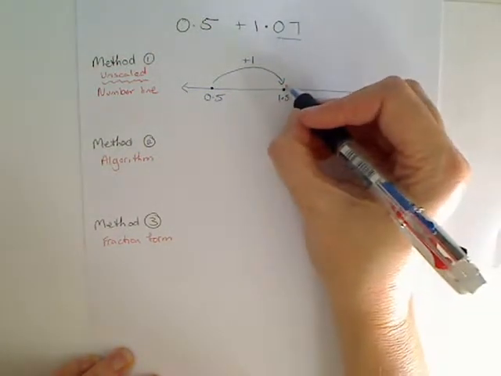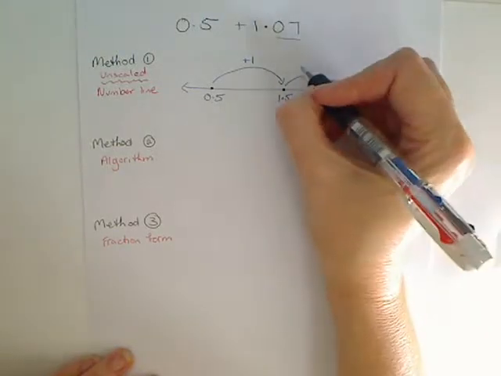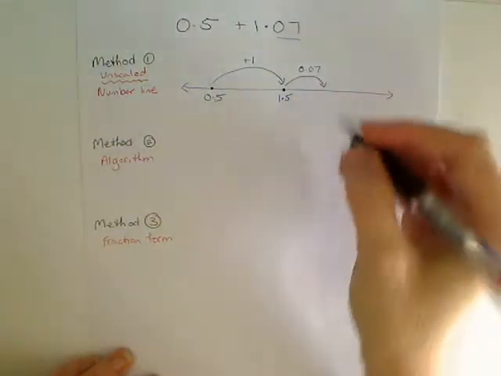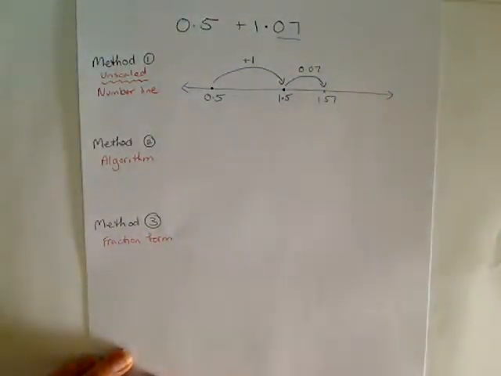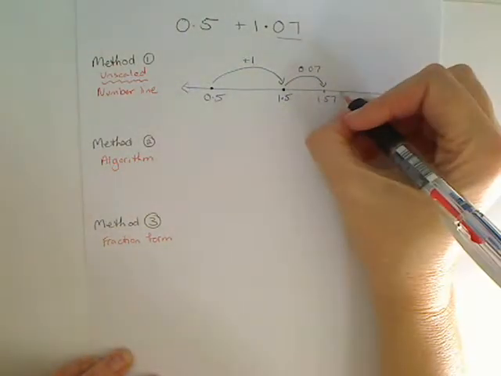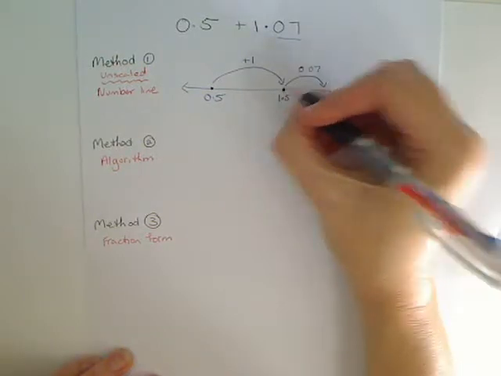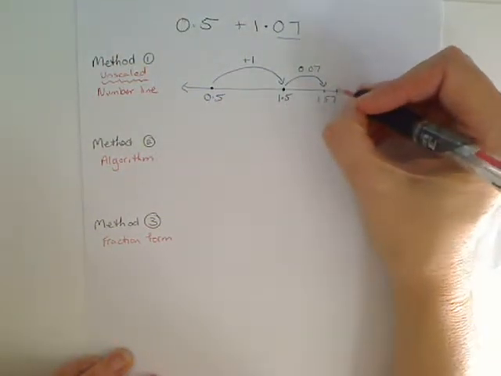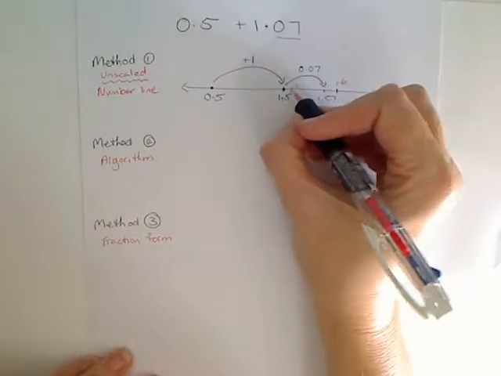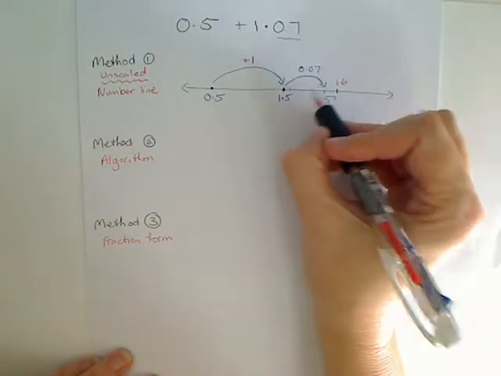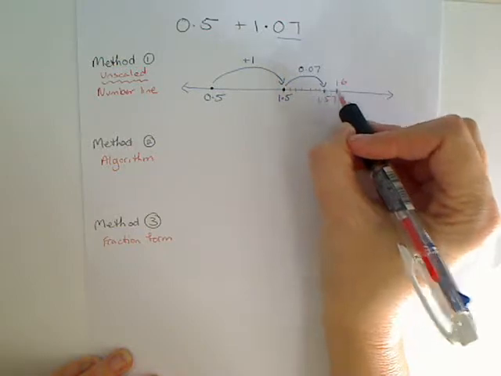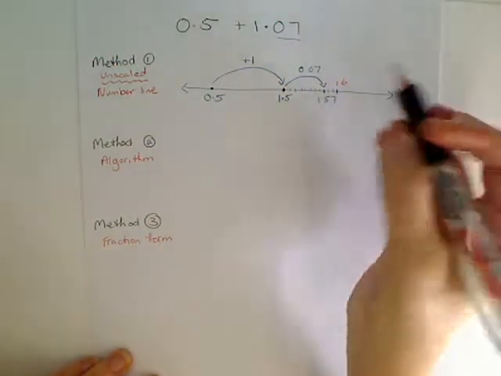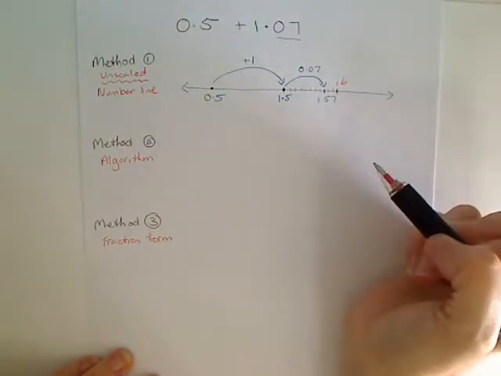So I could simply mark it on and I would be at 1.57 if you're comfortable with that. If not, you may have decided to mark in from 1.5 to 1.6 and marked in the tenths, or you might have chosen to mark in the hundredths like that.